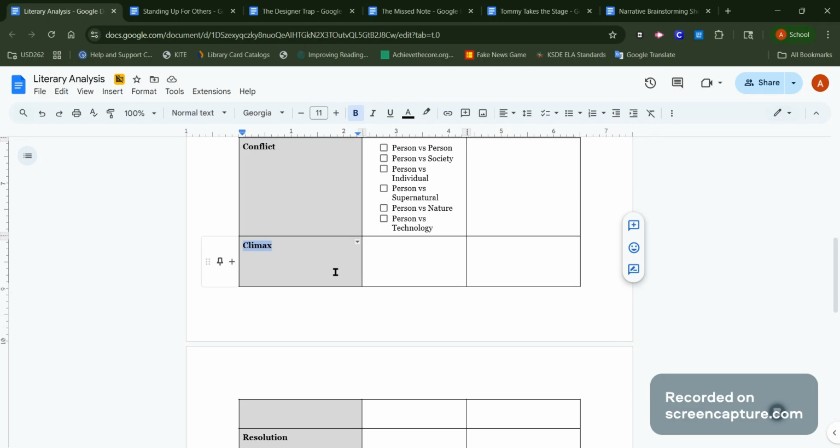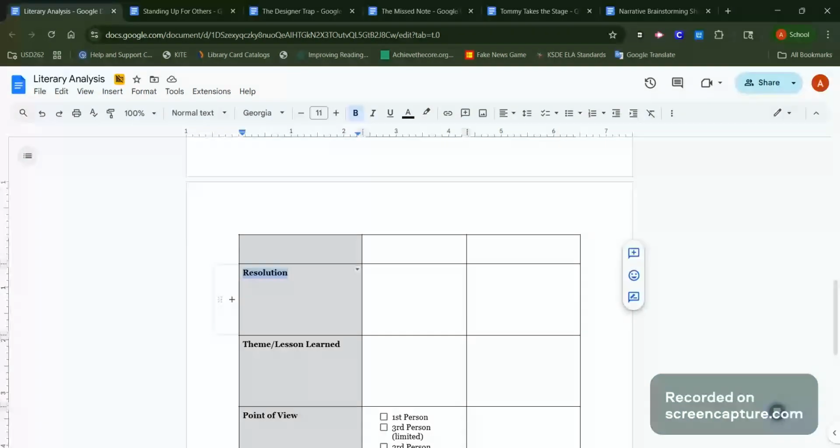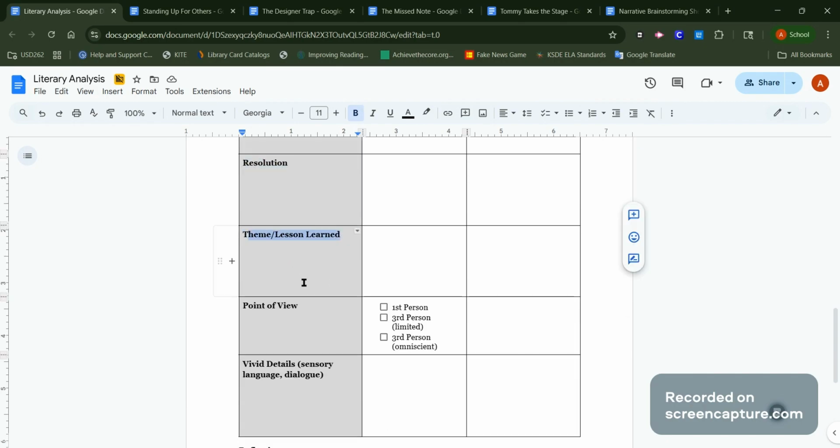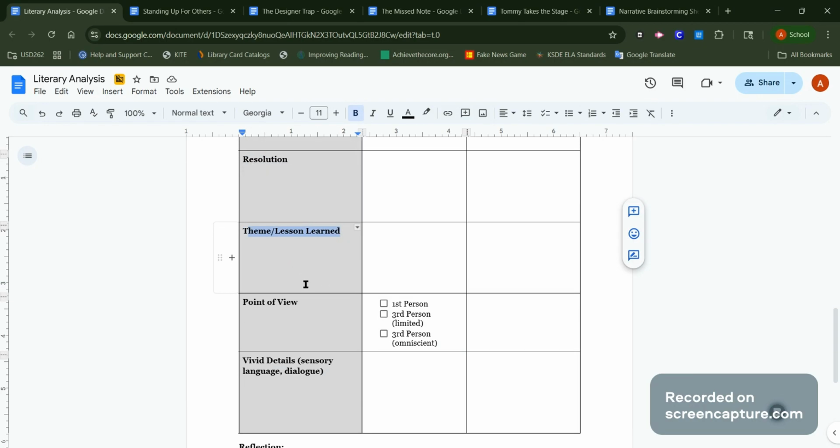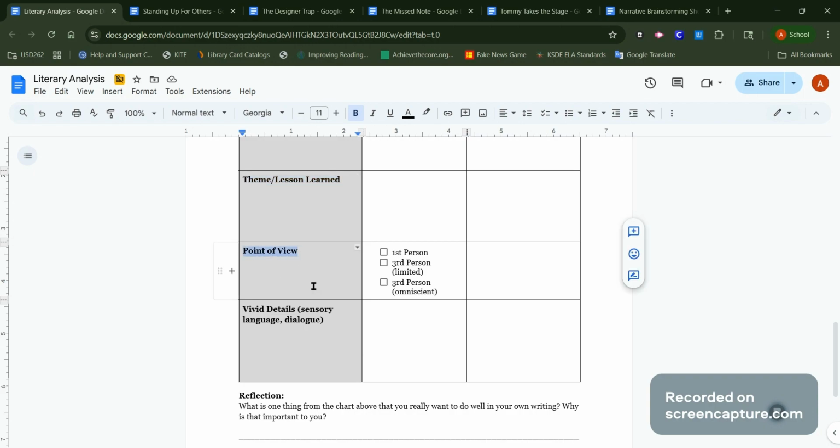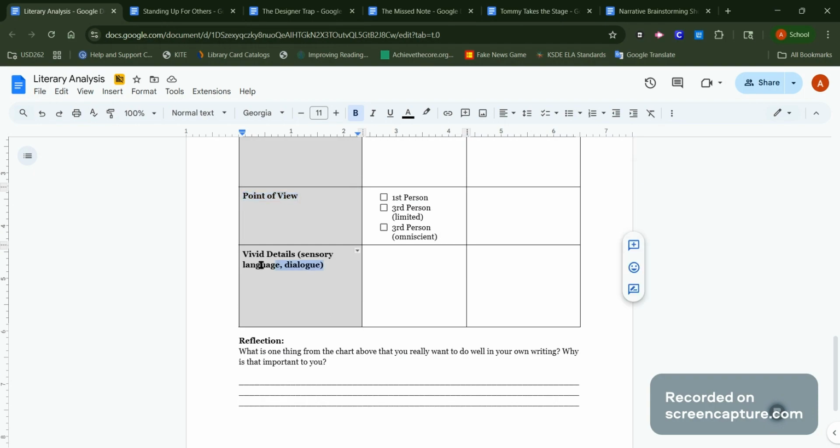Climax. What is the turning point of the story? The highest, most dramatic moment. The resolution. What is the theme or the lesson to be learned here? What point of view is the story written from? And then what are some vivid details or sensory language or dialogue that's used?